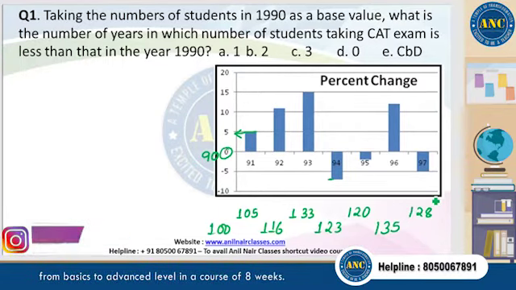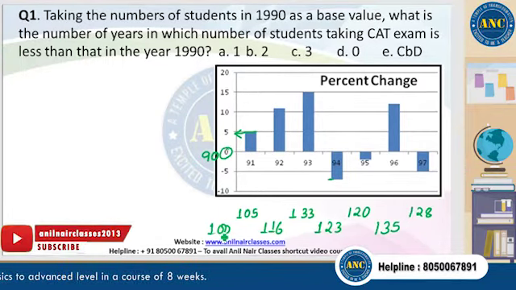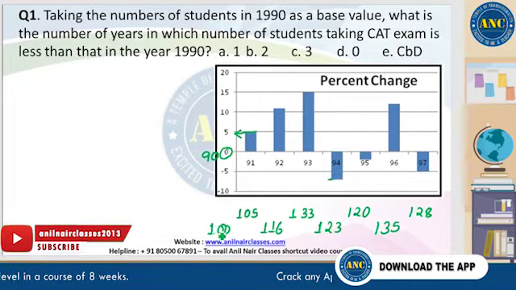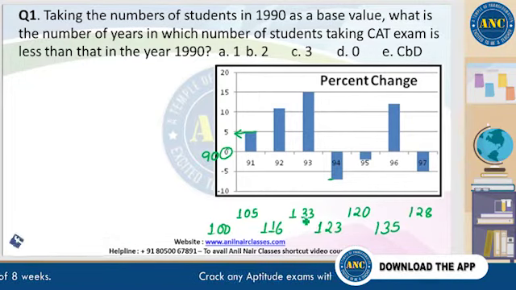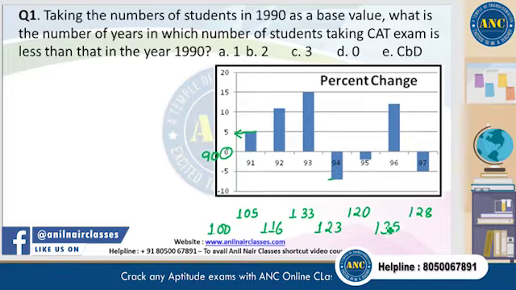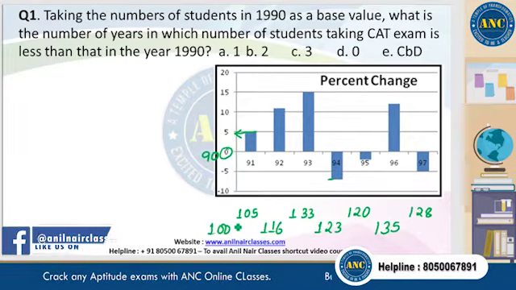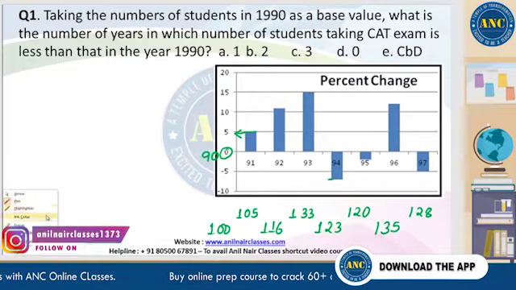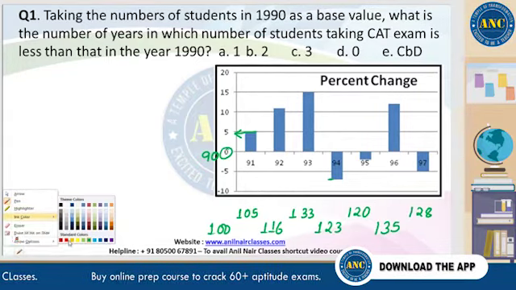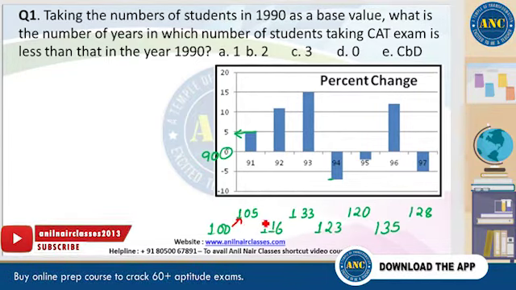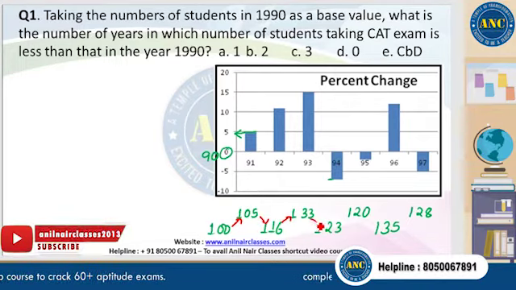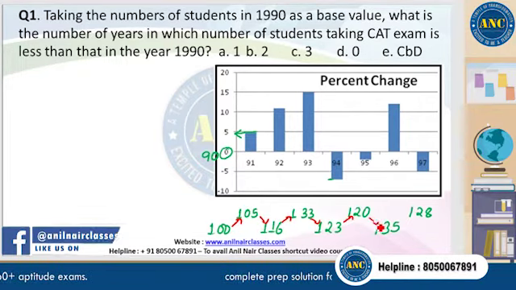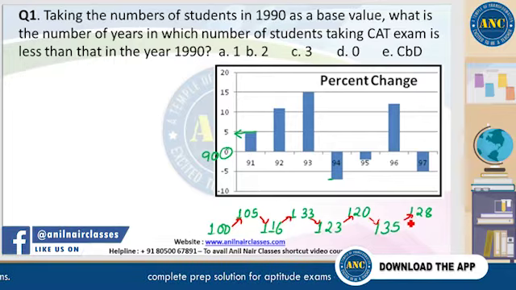So what we are trying to do from the year 1990, you just notice the values, right? We have 105, we have 116, 133, 123, 120, 135, and 128. The values have always been more than 100. Have you noticed this, right? It has never dipped below 100.